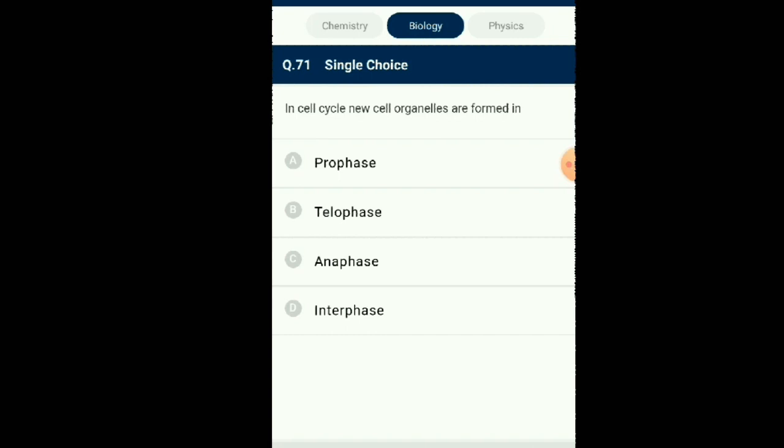The interphase lasts for more than 95% of the cell cycle. The M phase lasts for less than 5% of the cell cycle. During interphase, new cell organelles are formed. So the answer for this question is option D.